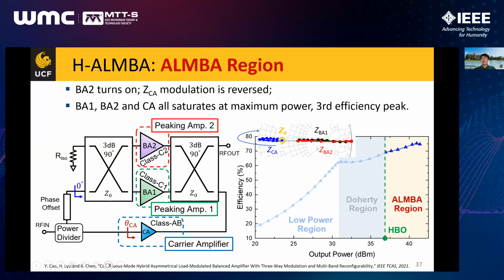In this region, the power generation is dominated by those two peaking amplifiers. So even though there is a reversal of the load modulation of the carrier device, it does not affect the power generation. With this HA-LMBA, we can achieve this nice three-way load modulation behavior.